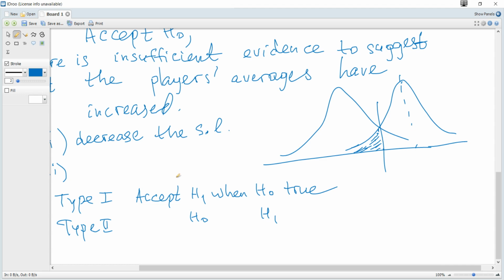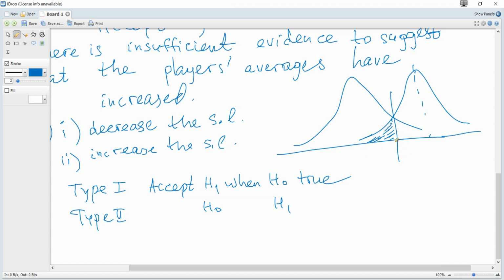But when you increase the significance level, this value moves to the left and this area decreases, hence type 2 error also decreases.